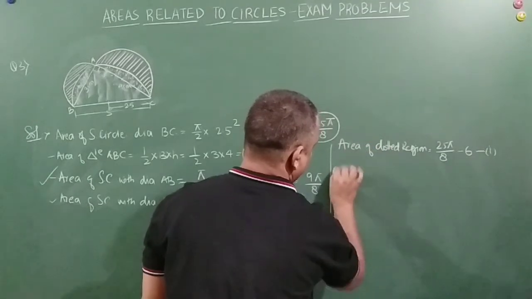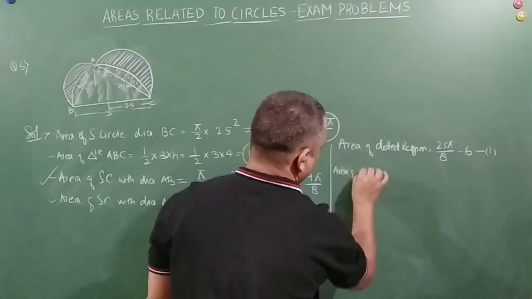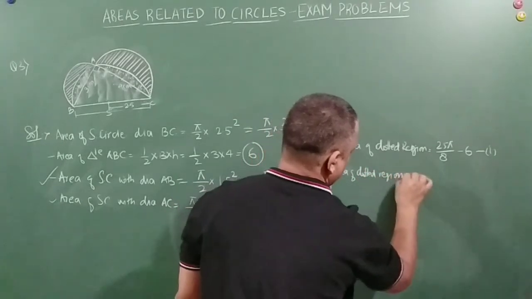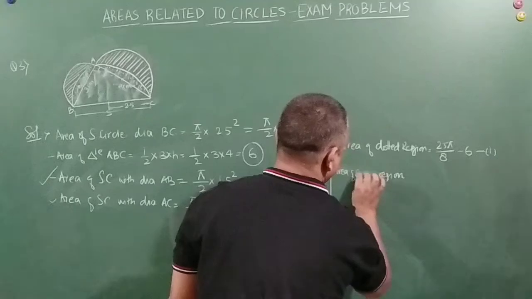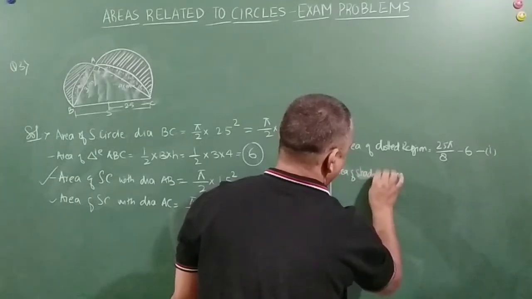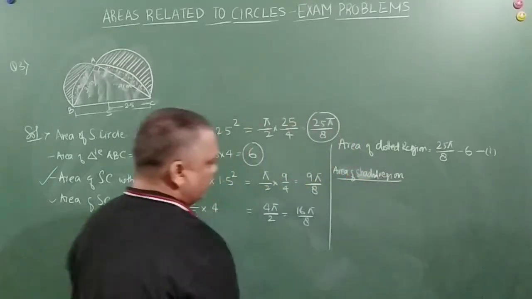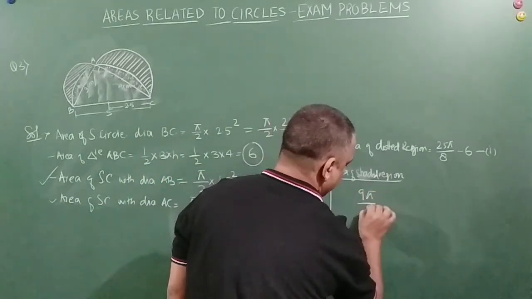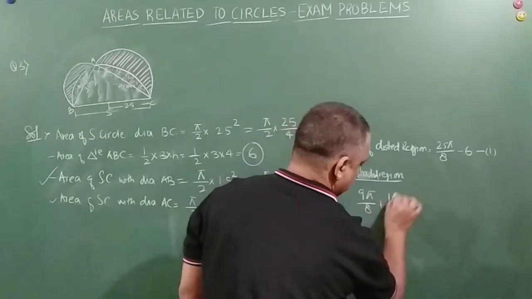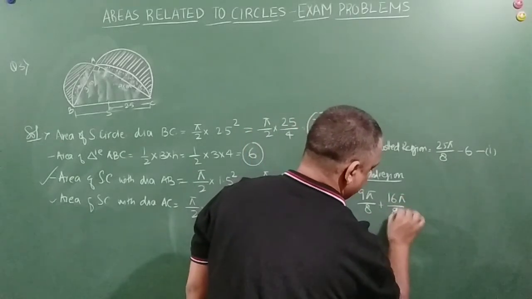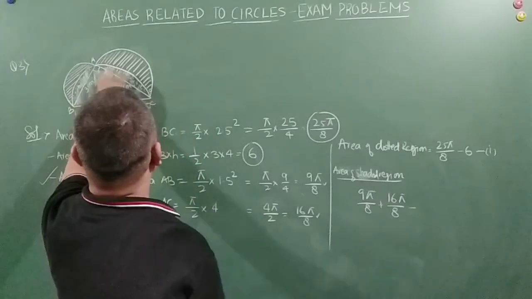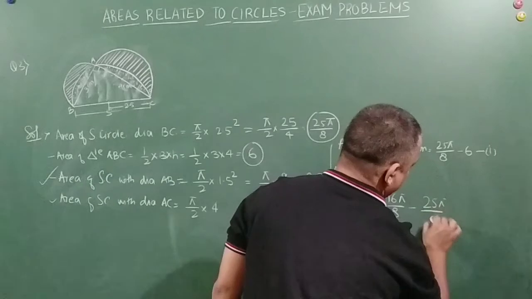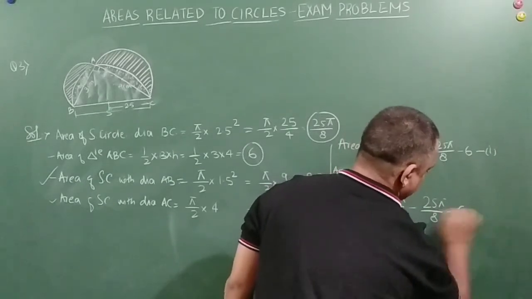Or we can write directly area of shaded region, not dotted, now shaded, sorry. Shaded region will be this plus this, so 9 pi by 8 plus 16 pi by 8 minus area of dotted region, that is this, 25 pi by 8 plus 6.